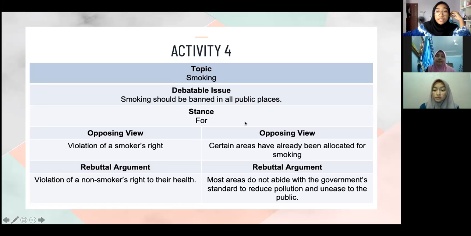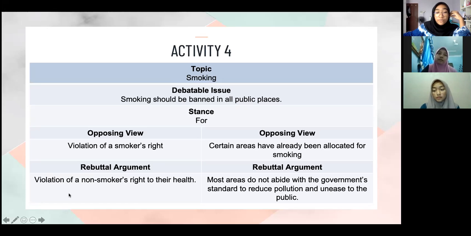And the second opposing view is certain areas have already been allocated for smoking. And I think the suitable rebuttal argument is most areas do not abide with government standard to reduce pollution and unease to the public.